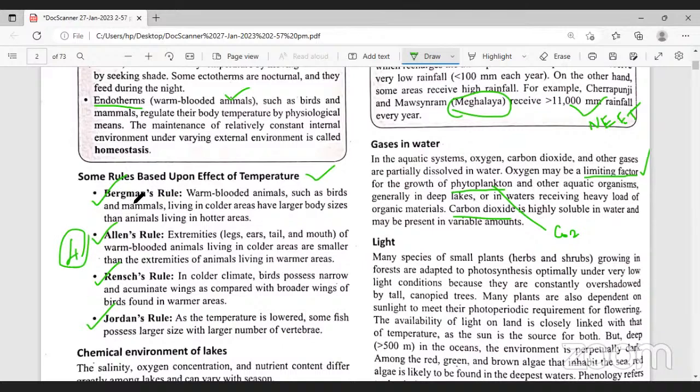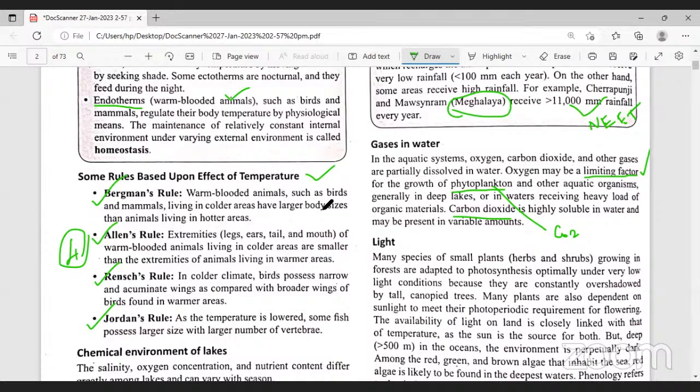See Bergmann's rule: warm-blooded animals such as bats and mammals living in the colder area have a larger body size than animals living in hotter areas.